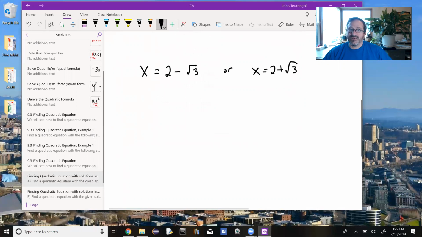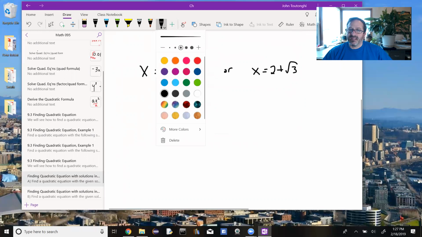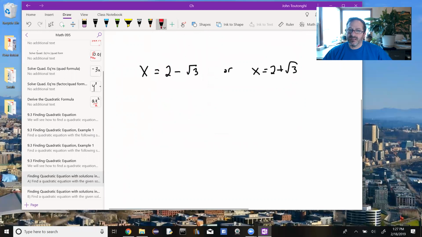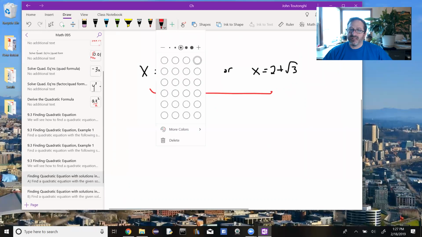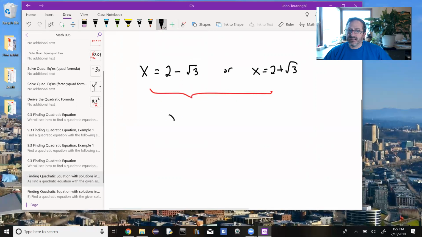And in this situation, again, I would want to take these two equations and combine them into a single equation using the plus or minus notation. So I would get x equals 2 plus or minus the square root of 3. So that would be our first step.